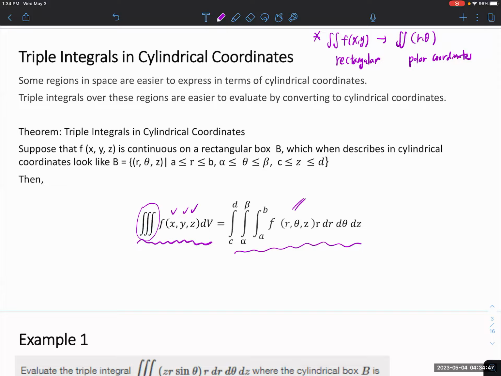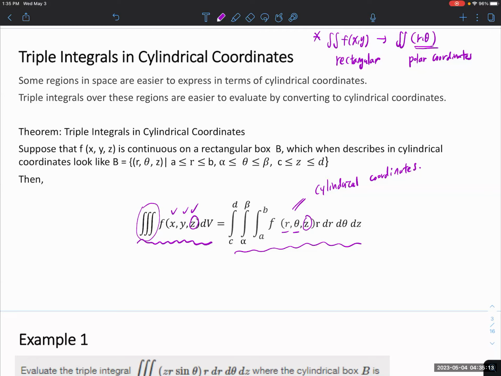We call this a cylindrical coordinate system instead of saying polar coordinate system. So in this case, definitely you have the same r and theta, right? And then we have z as an additional variable. So there is not really any change for z. You're going to keep the same z variable for the triple integral.